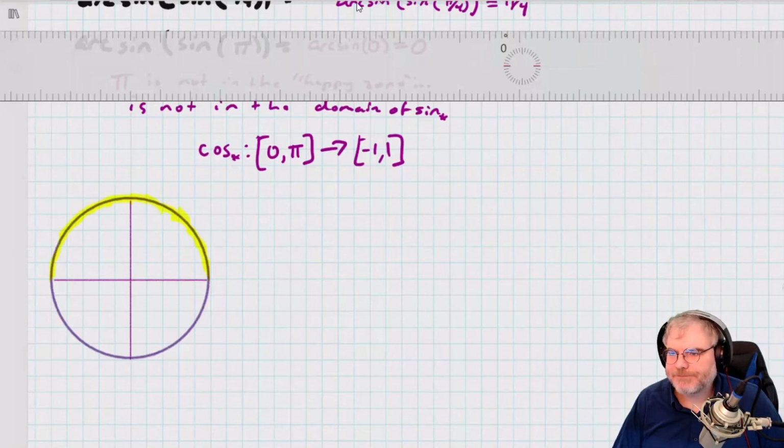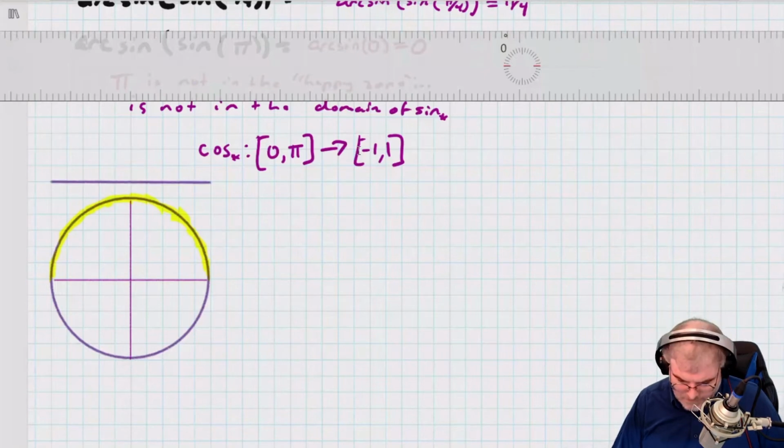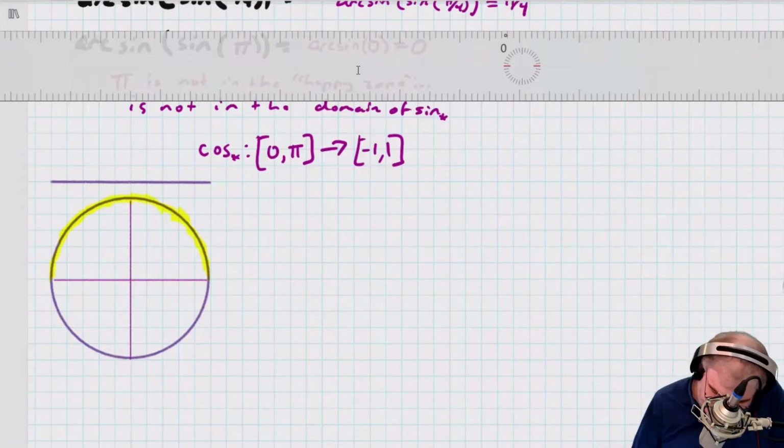There we go. So here is the eastiness of theta.